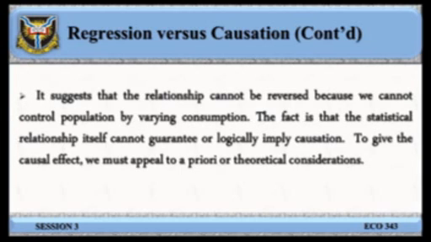Ordinarily, it suggests that the relationship cannot be reversed because we cannot control population by varying consumption. What we should understand here is that the statistical relationship itself cannot guarantee or logically imply causation. To give the causal effect, we must appeal to a priori or theoretical considerations.